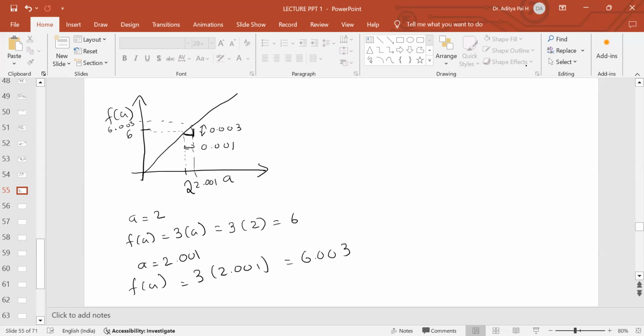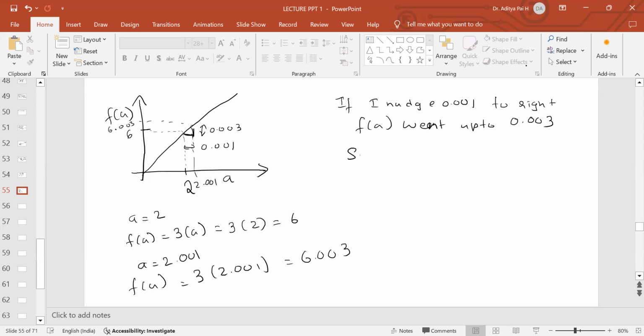So if I nudge a by 0.001 to the right, from 2 to 2.001, then my f of a went up by 0.003.